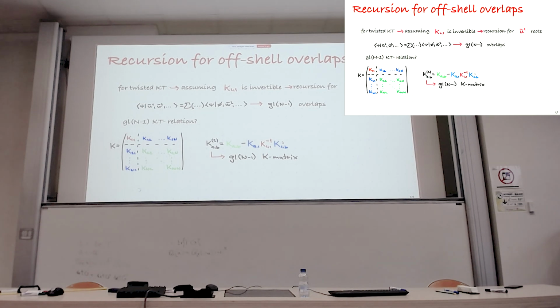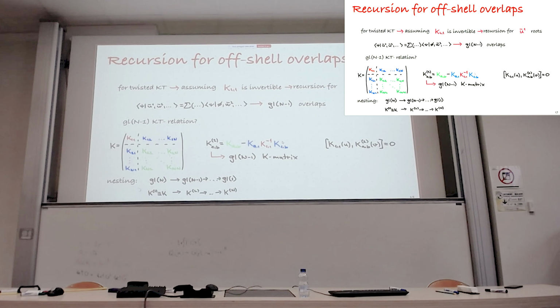And this nested K matrix is the GL_{N-1} K matrix. And using this matrix, we can continue the nesting. It can also be shown that this K11 component commutes with all the components of the nested K matrix. So this is the sketch of the nesting. At every level we introduce new K matrices, and we introduce these G operators, which are the top left elements of these nested K matrices.